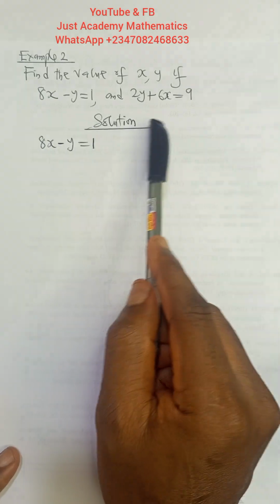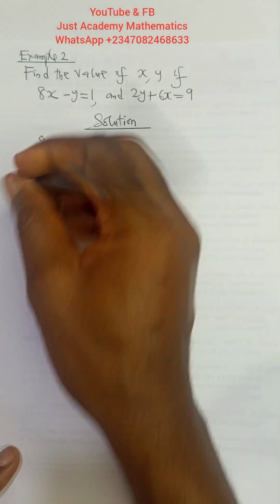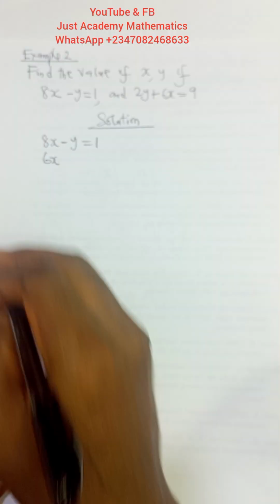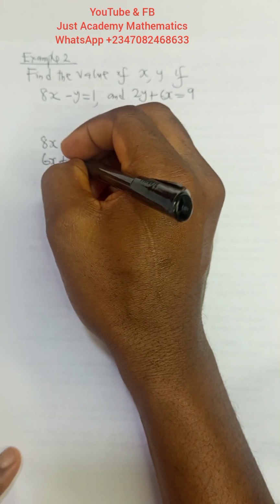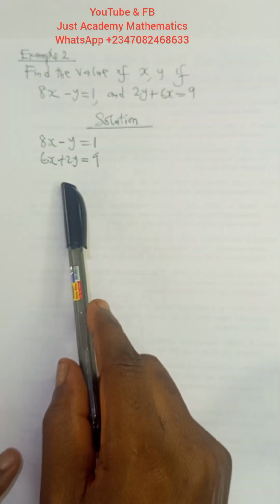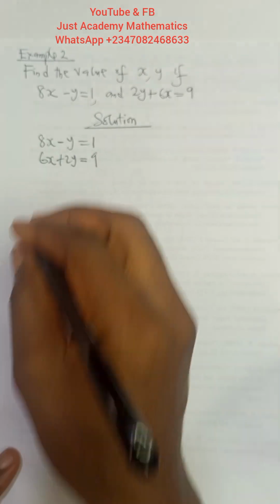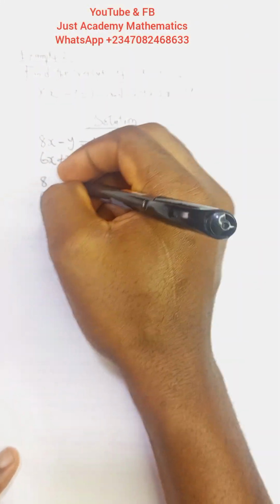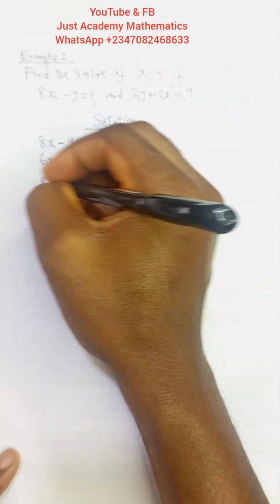So instead, let's start with 6x so that it will be well arranged. 6x followed by what? Plus 2y, then followed by what? 9. So it is at this stage that you bring out their coefficients, which is what? 8, 6, minus 1 and 2.